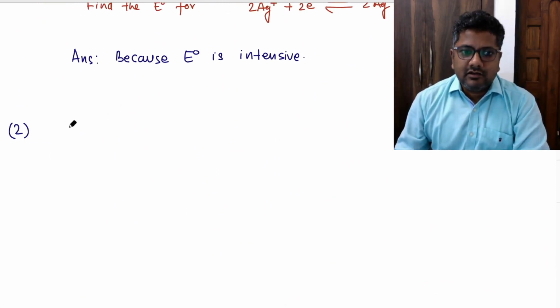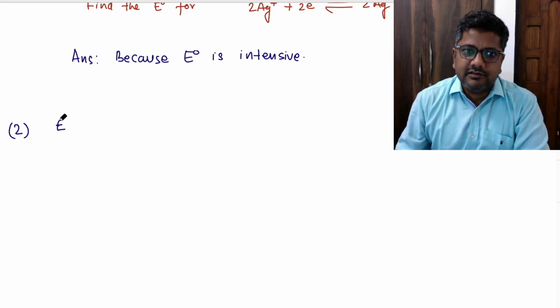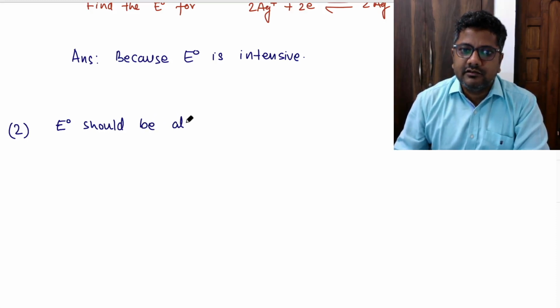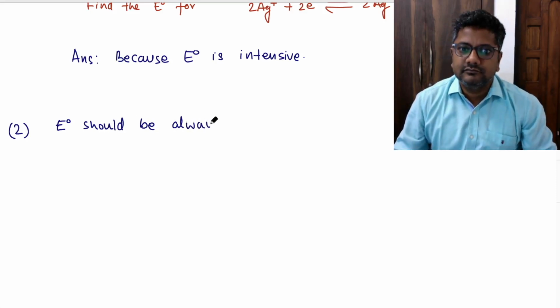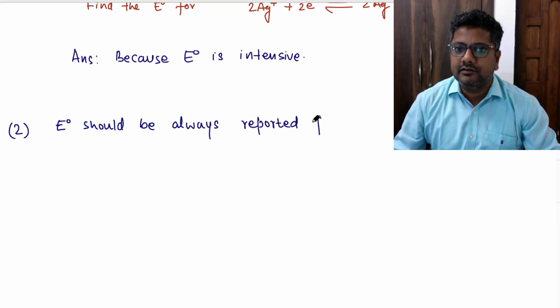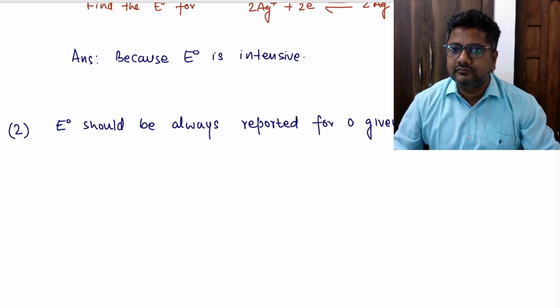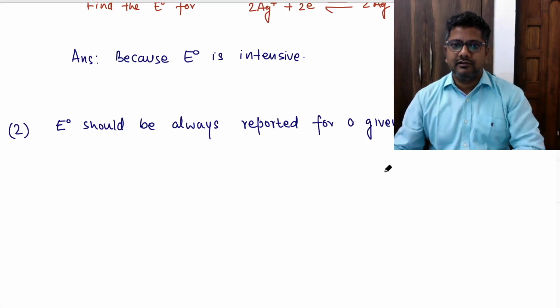See, E naught should be always reported for a given couple, right?